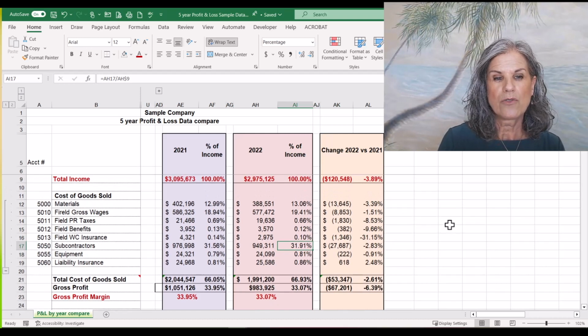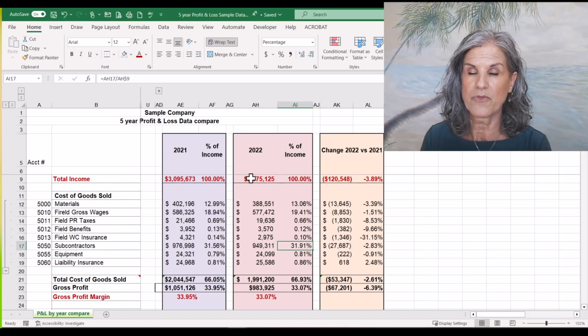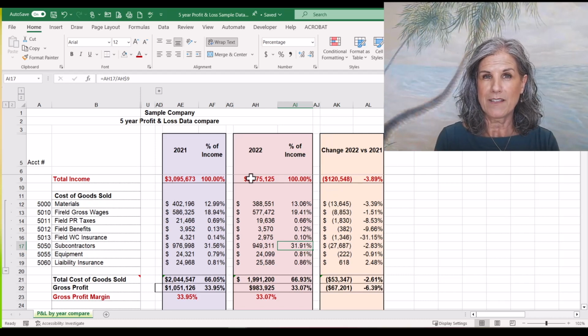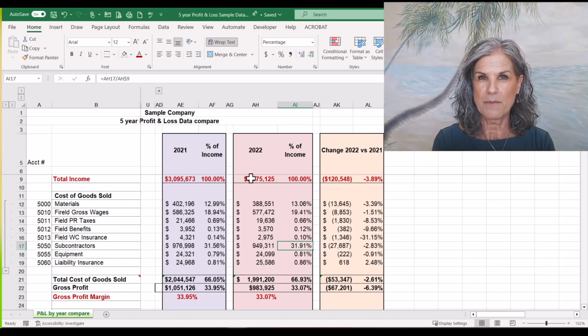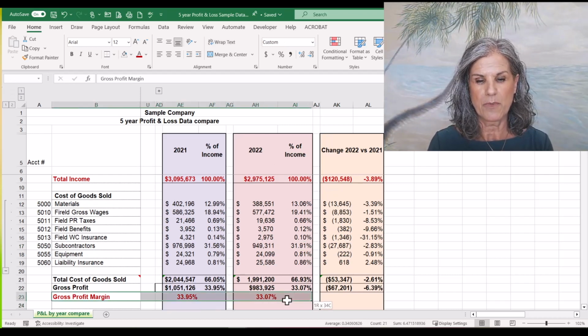Okay, so when you're looking at revenue comparatively, this year versus last year, or even over a 5-year period, it is very helpful, because remember what I said: numbers in and of themselves don't mean anything. They mean something in relationship to something else. And then evaluate your gross profit margin.